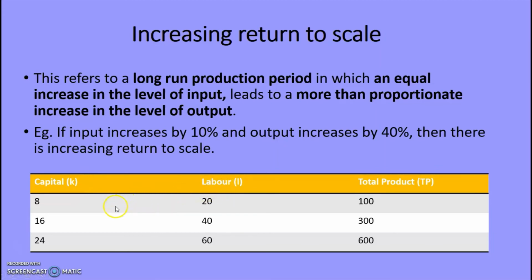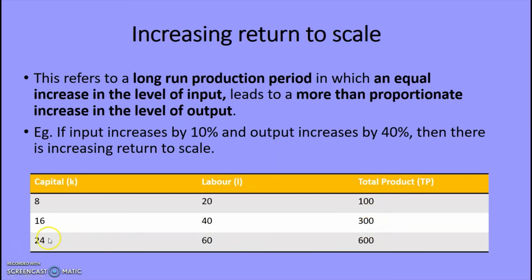Now, in the second row, we have capital being 8, and labor is 20, which is giving us a total product or an output of 100. Now, the capital further increases from 8 to 16, whilst labor also changes from 20 to 50, which is giving us a more than proportionate increase in total product from 100 to 300.